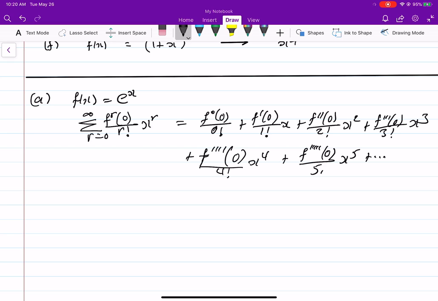So it means that I have to differentiate the function 5 times. And in each case, I have to evaluate the function at x equals 0.